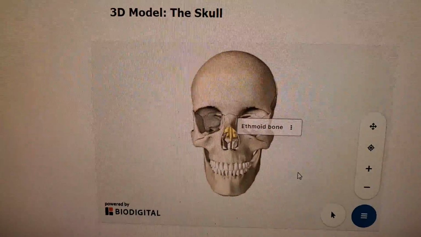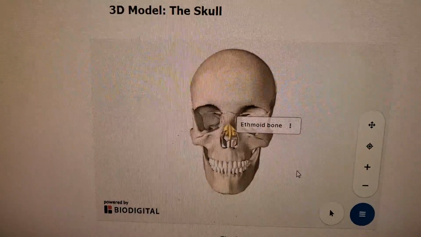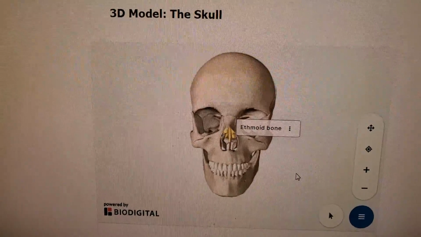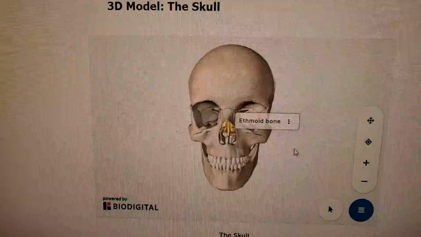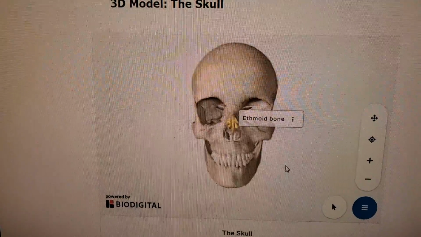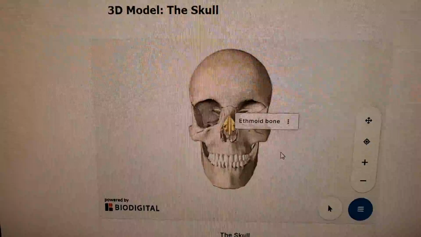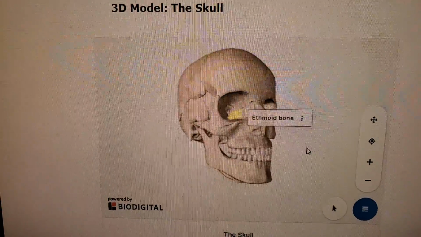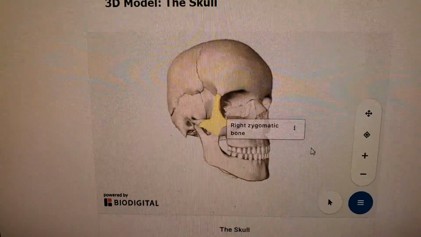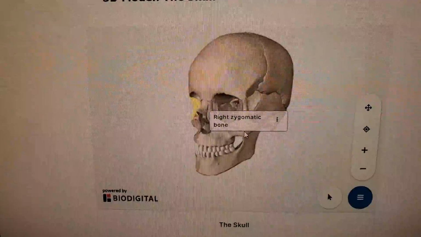Now there's also a thing called the visceral cranium, which is not the neurocranium, and is basically the facial, the front of the skull, and it is made up of the zygomatic bones, which the right one is here, the left one is right here.